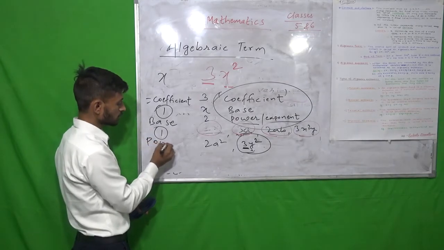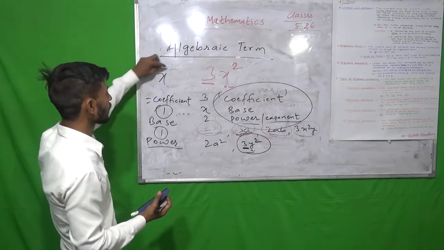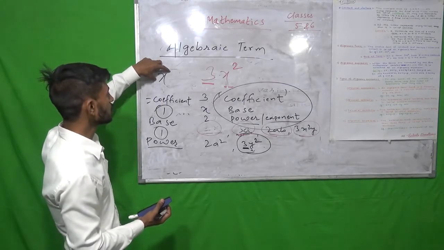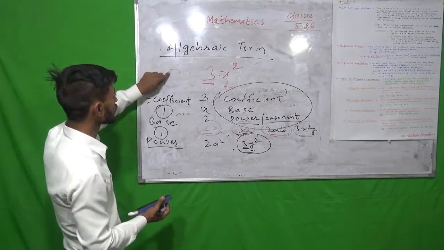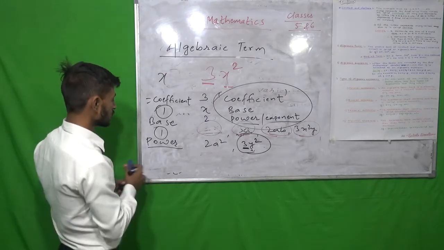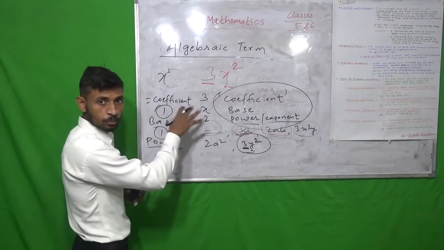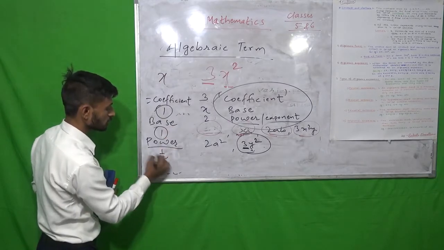And the power: if the letter has power 1, then only that letter should be written there. If the power is 0, then that letter is not there. It has power 1, so that's why it is x. If the letter has no power showing there, then that means it has power 1.